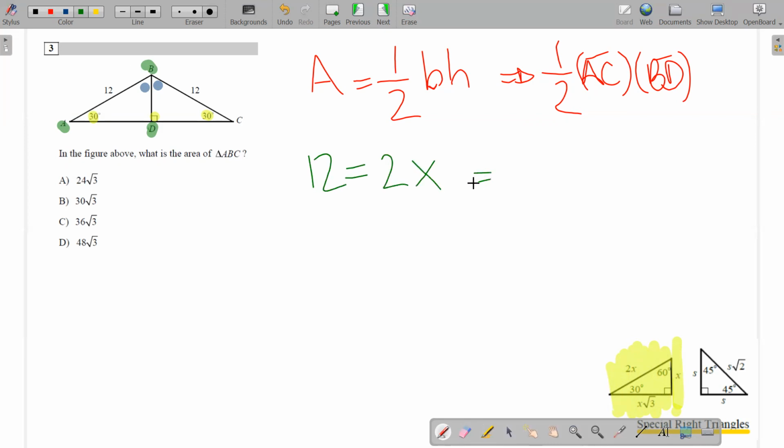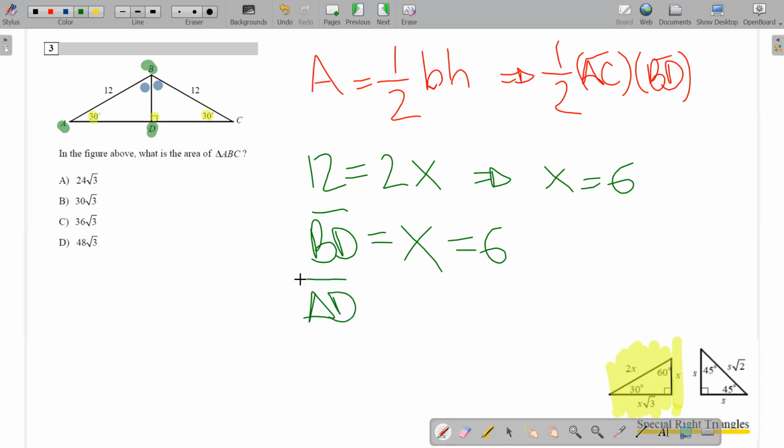That means that my value for x will be 12 divided by 2, which is 6. So that means now that one of my sides, in this case BD, is equal to just x, which is 6. And now I know that AD will be equal to 6 square root of 3.